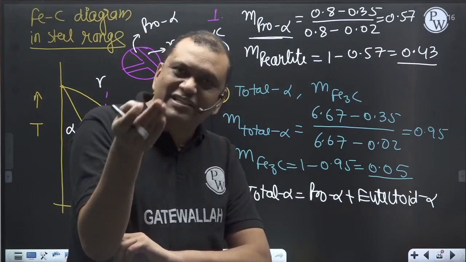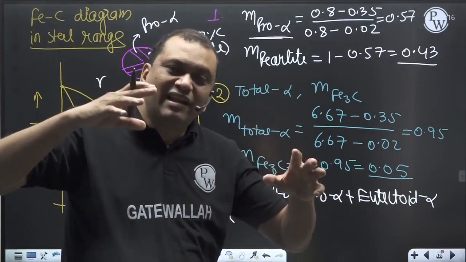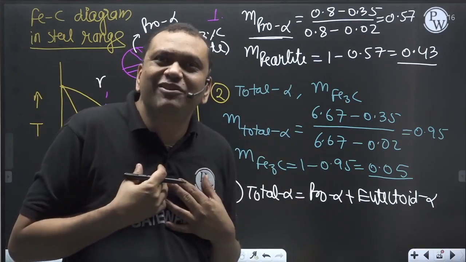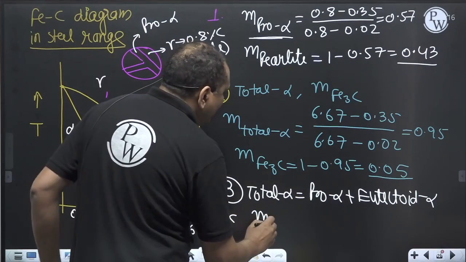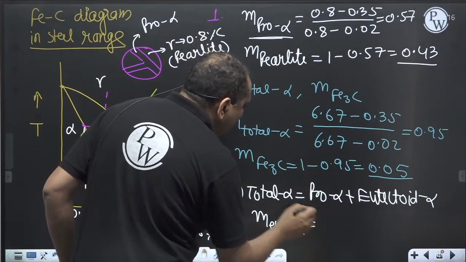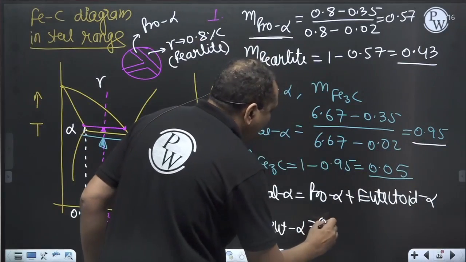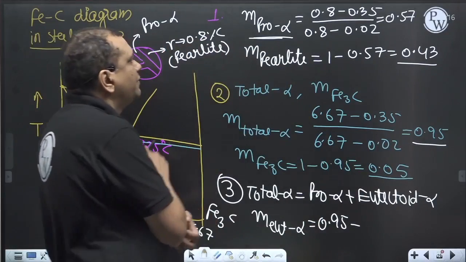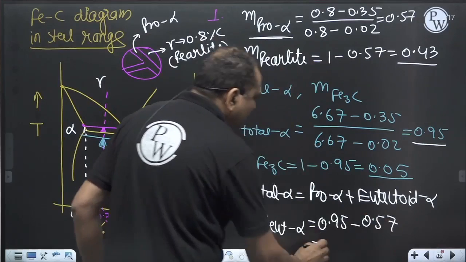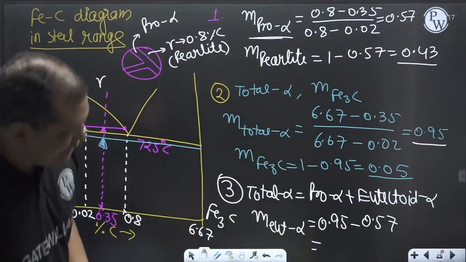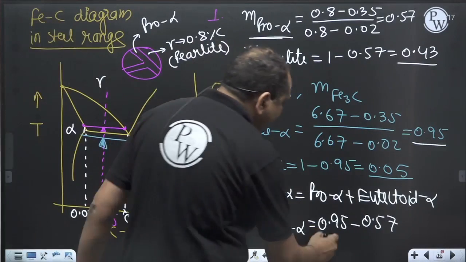Alpha phase and Fe3C phase is the pearlite microstructure. In the pearlite, how much alpha is present is called eutectoid alpha. So mass fraction of eutectoid alpha means total alpha minus pro alpha, comes out to be 0.95 minus pro alpha 0.57. So eutectoid alpha will be 0.38.